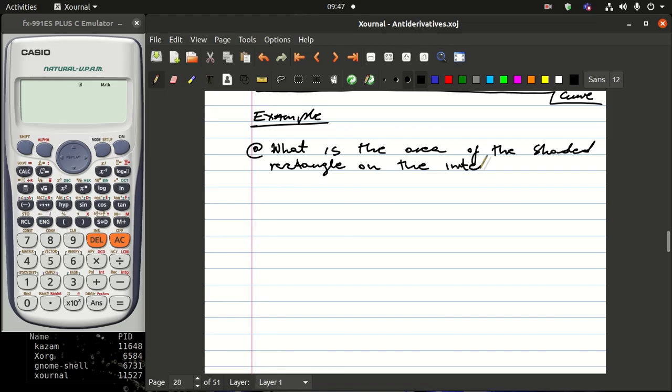So we have this interval here, moving from 0 to some point x, bounded. So there's a region that is bounded by the line y is equal to 5 and the x-axis.